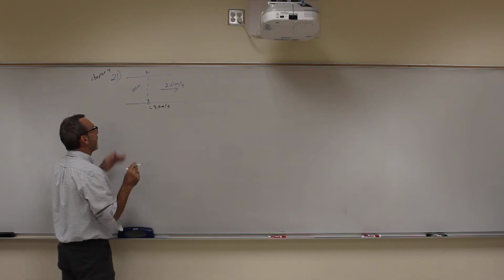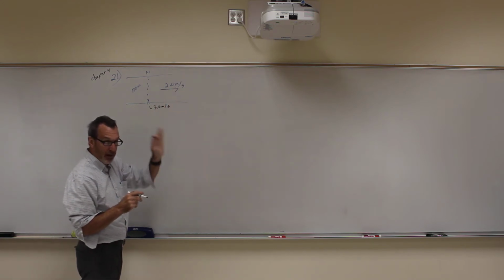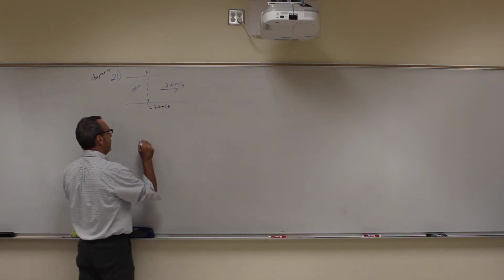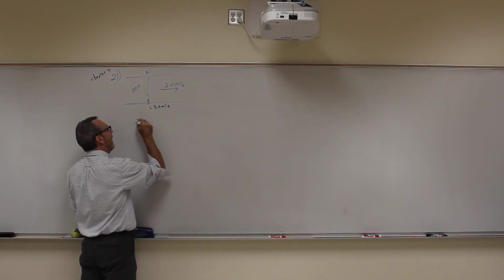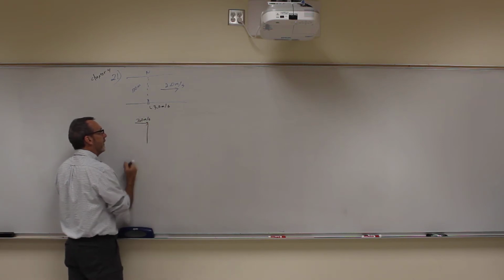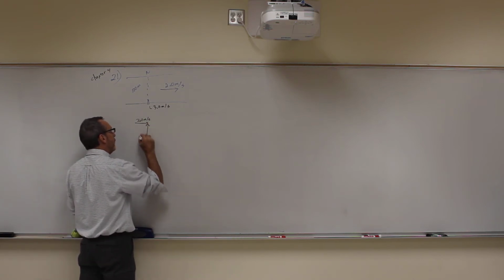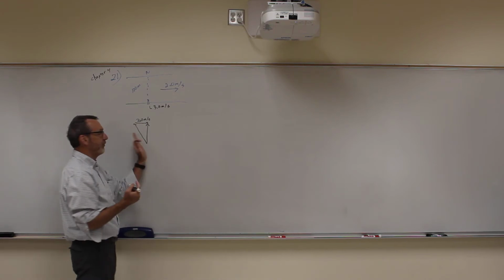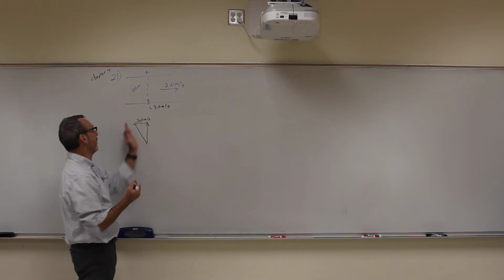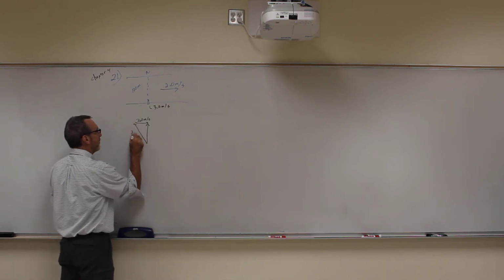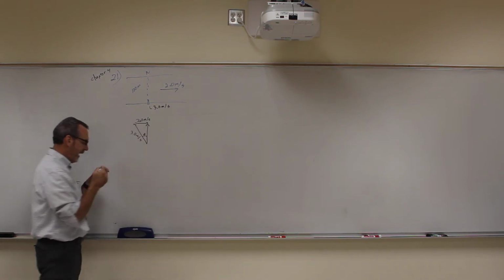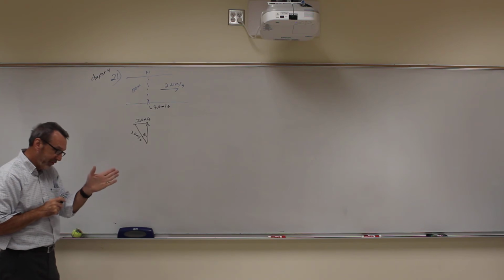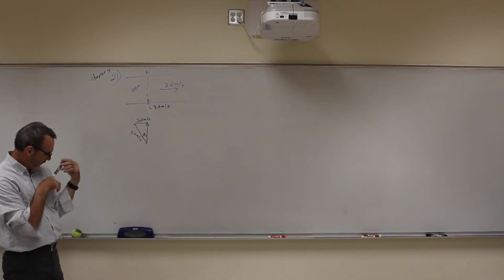So, again, we have to create our velocity triangle. Right here, this one we have is the speed of the current, 2.0 meters per second. Over here, this is the direction he has to go, so he's going to go at a speed of 3 meters per second. And we need to know the angle he has to point his boat so he goes straight across.